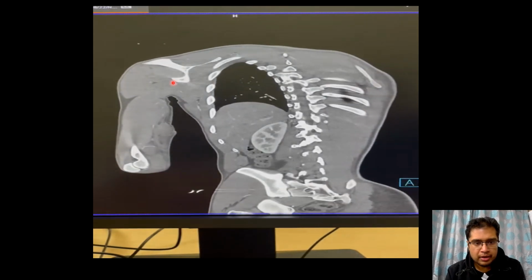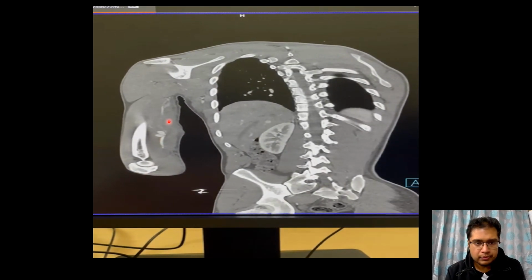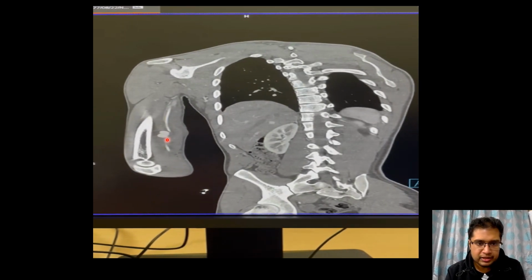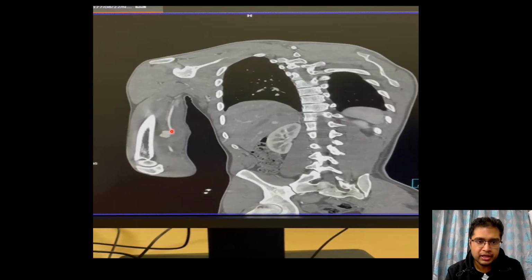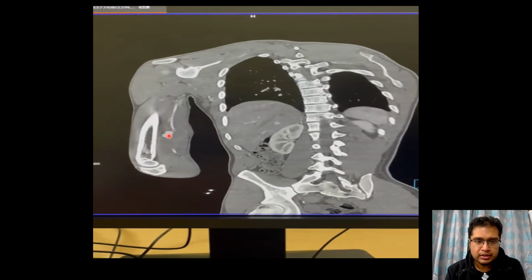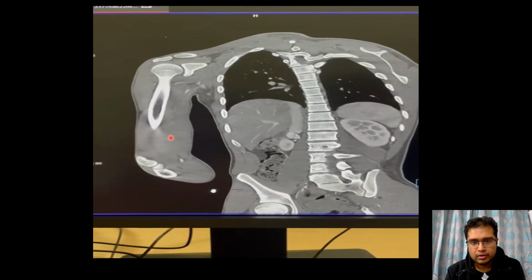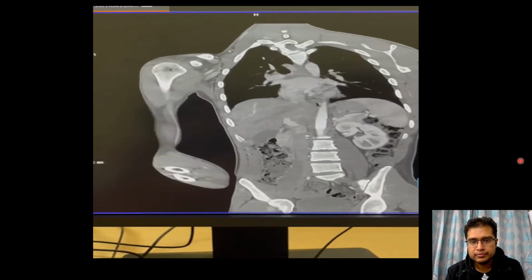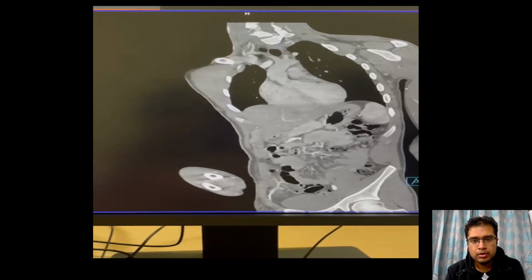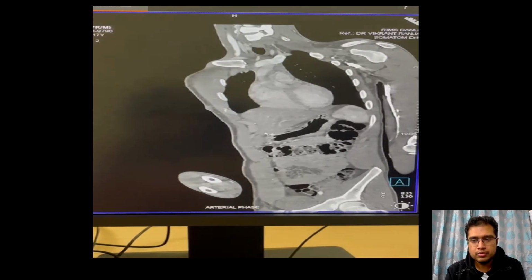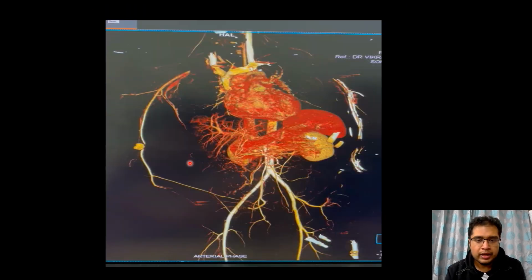So these are the post-contrast images. When we see the brachial artery here, there's a focal outpouching from the brachial artery seen in these post-contrast images. And these are the VRT images where we can see this focal outpouching from the brachial artery.